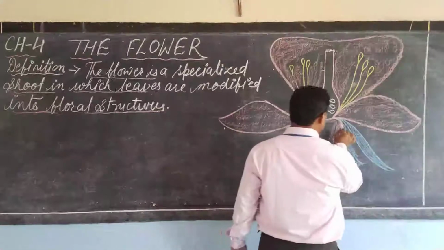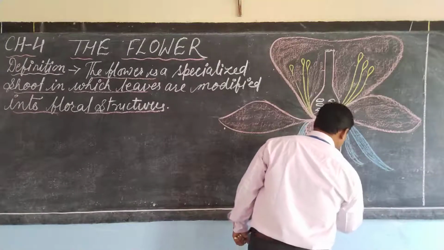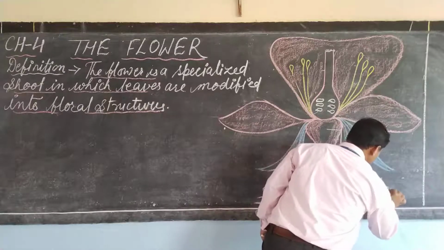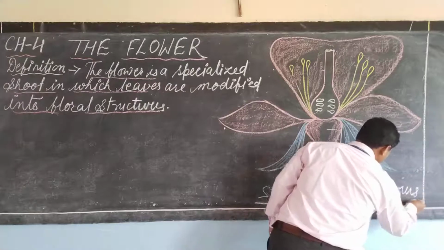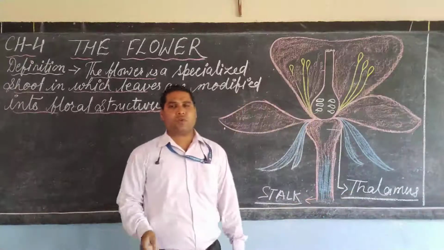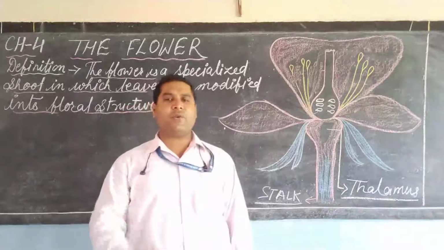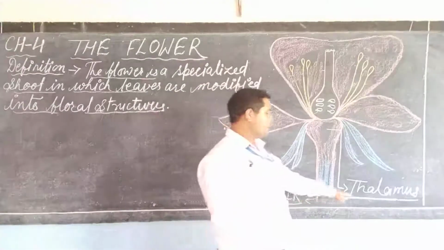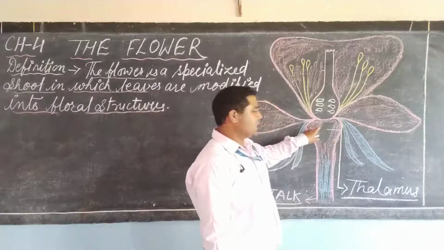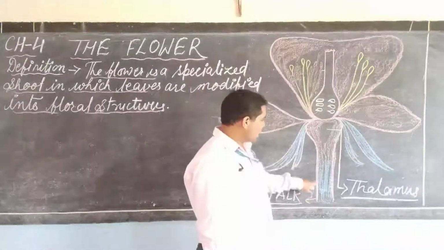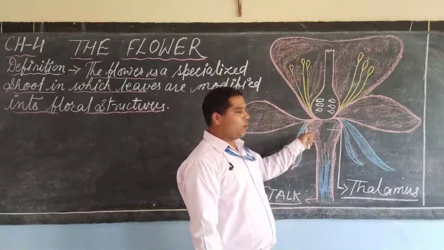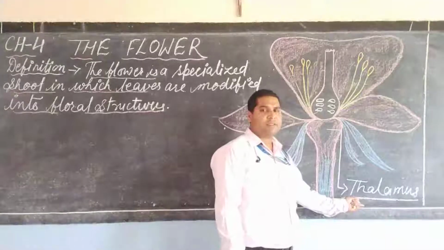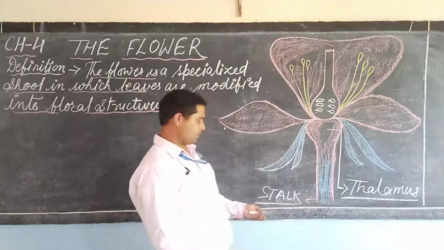Thalamus is also known in another way as receptacle. So the stalk proceeds upward and forms a cup-shaped structure known as a thalamus or receptacle.